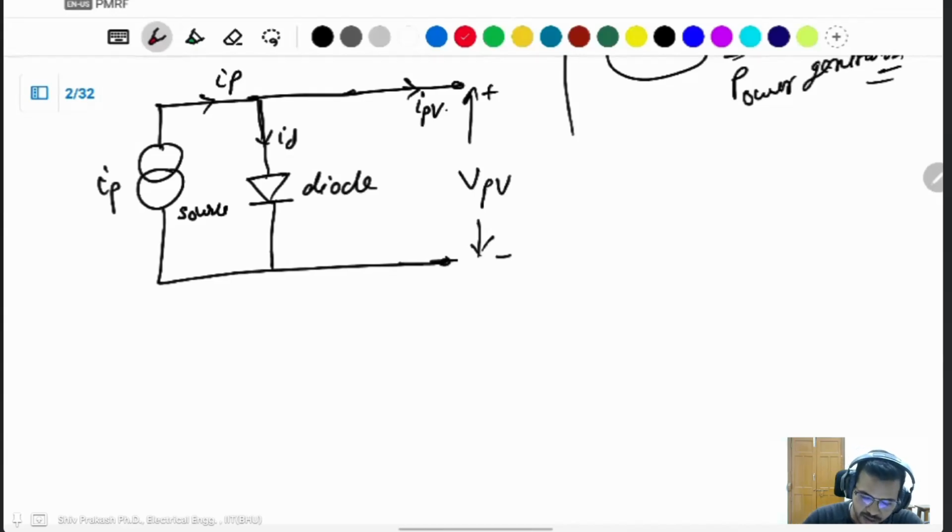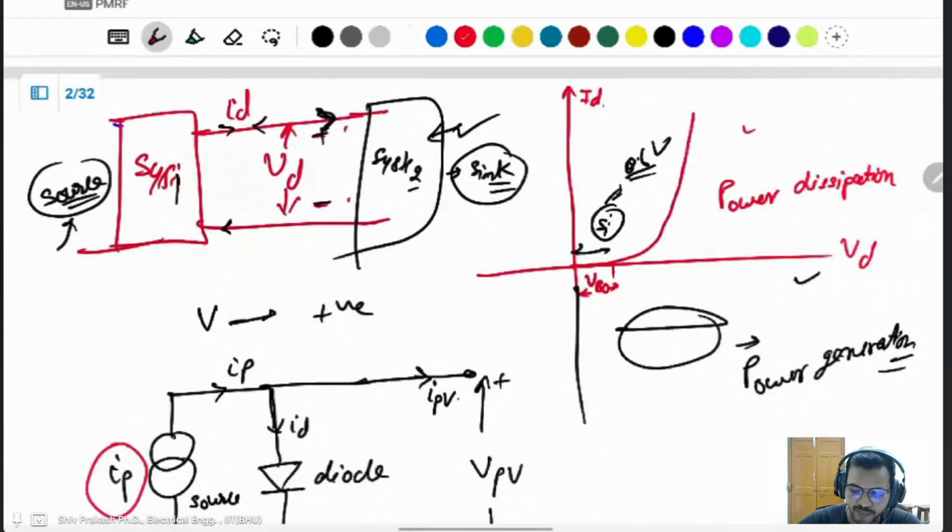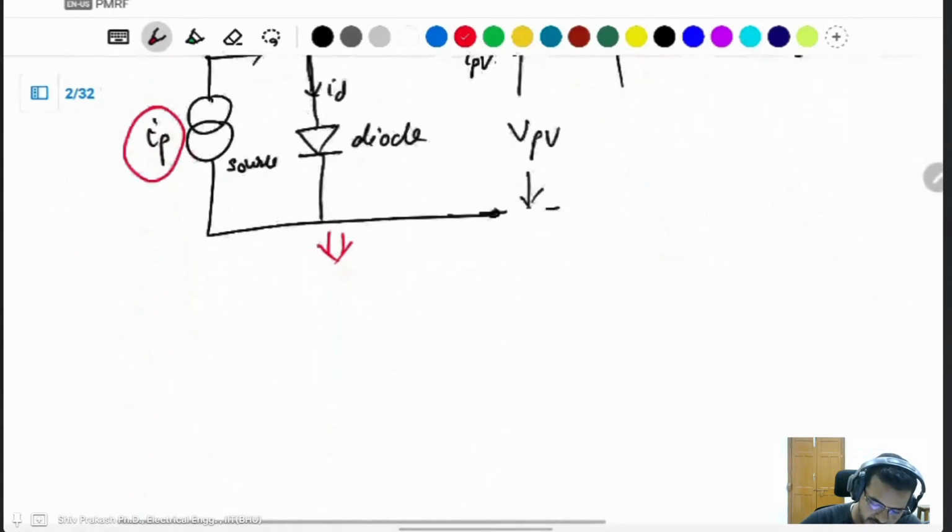Then you can describe the characteristic of the PV cell. What is the characteristic of the PV cell from this? This will be the constant current source only. The diode has its own characteristic.